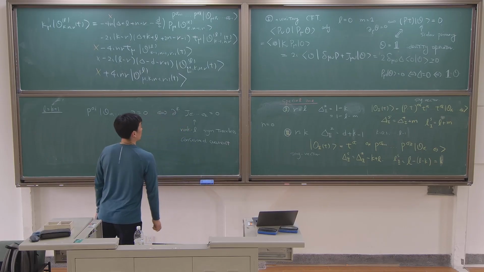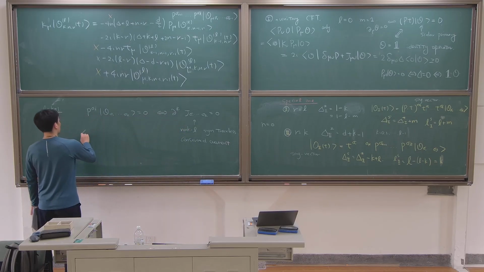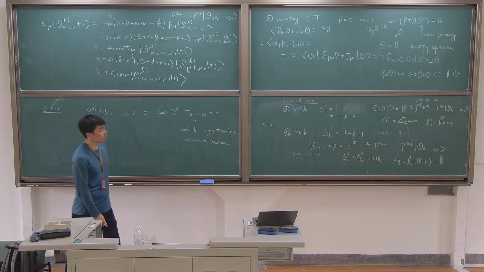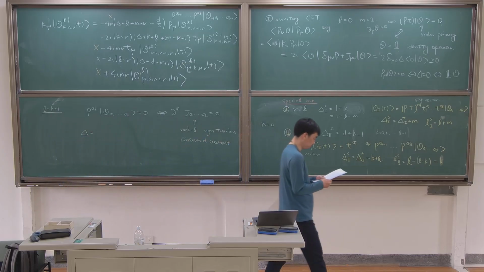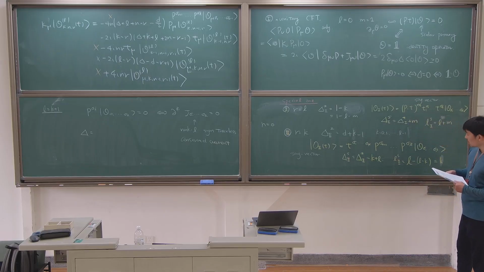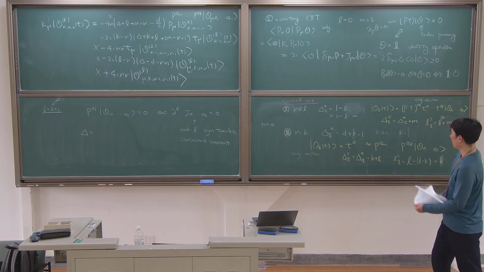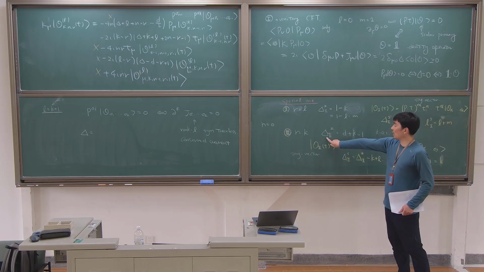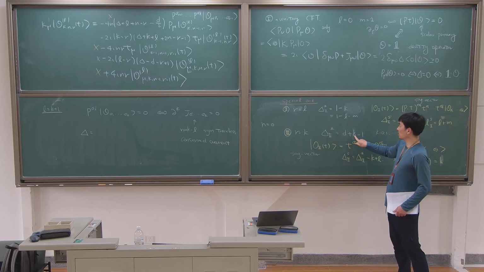And its conformal dimension delta is really restrictive. Just a moment. As I mentioned, delta star should be equal to D plus K minus 1.